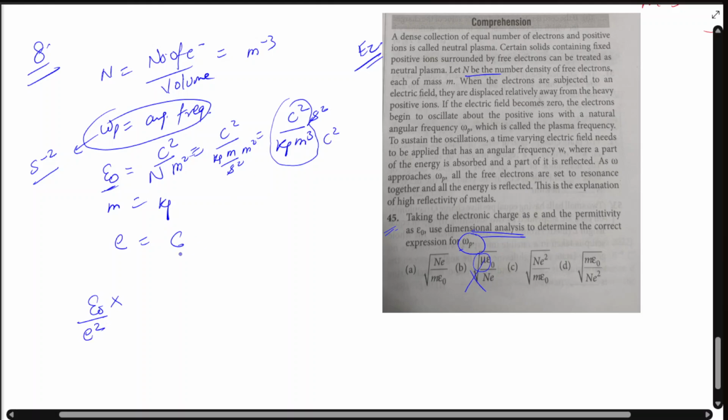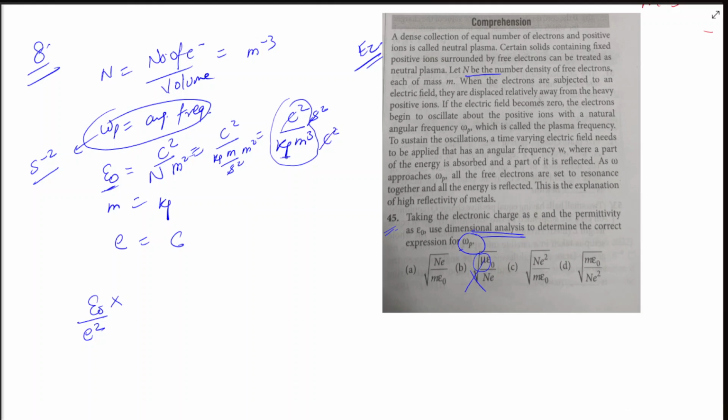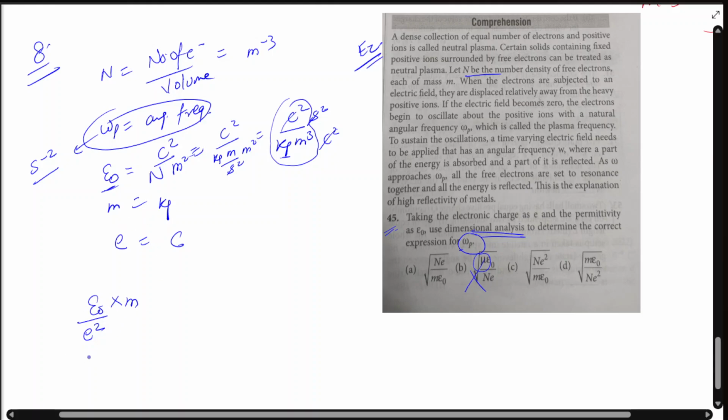Now, for kg, I have to multiply epsilon naught by mass. Now here is meter cube. I have to multiply it with n so that it becomes meter minus 3.